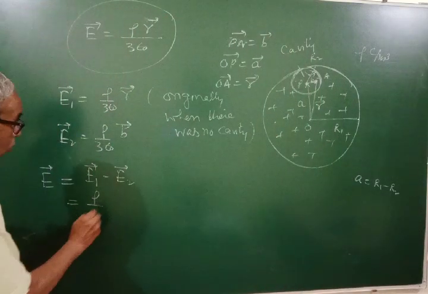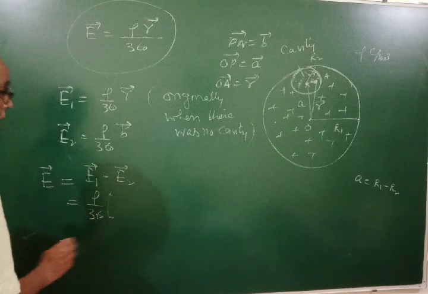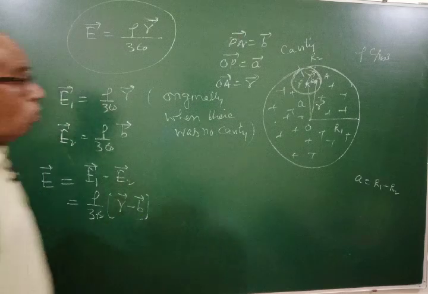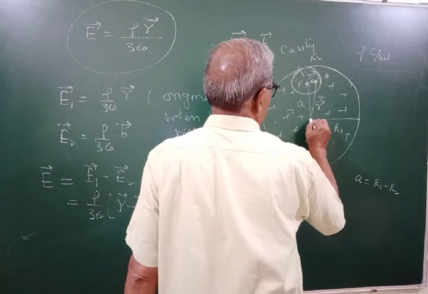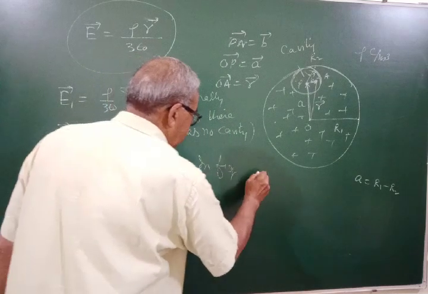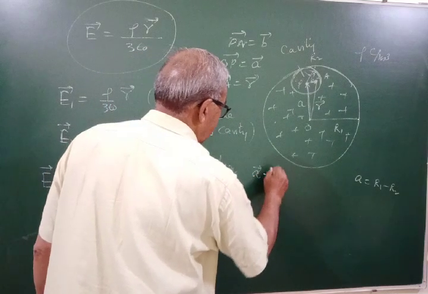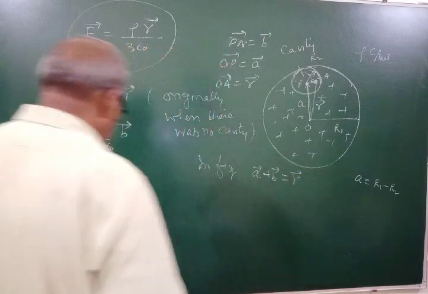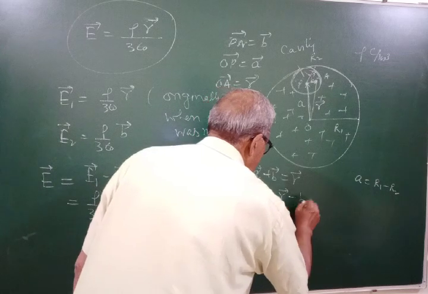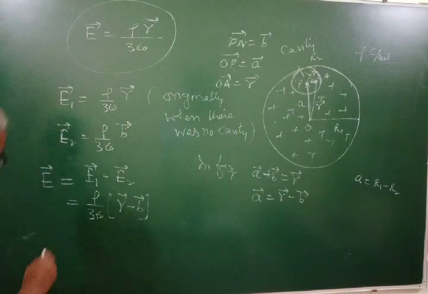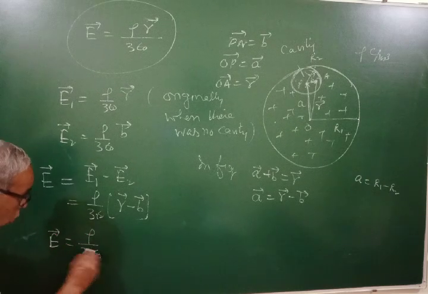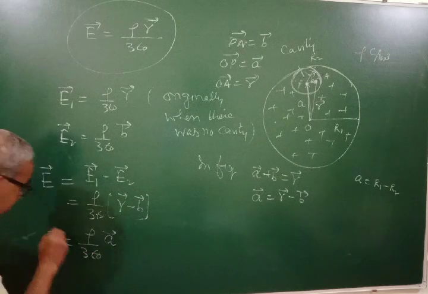So we put 1 upon 3 epsilon 0 times vector R minus vector B. In the figure, vector A plus vector B equal to vector R, and hence vector A equal to vector R minus vector B. So putting it here we get E equal to rho upon 3 epsilon 0 times vector A.